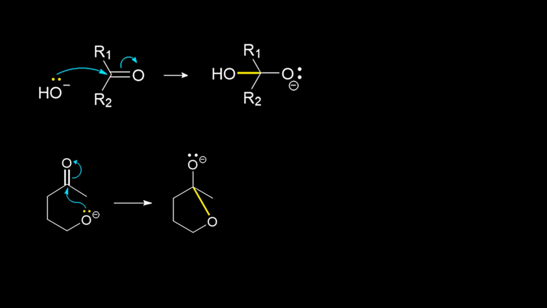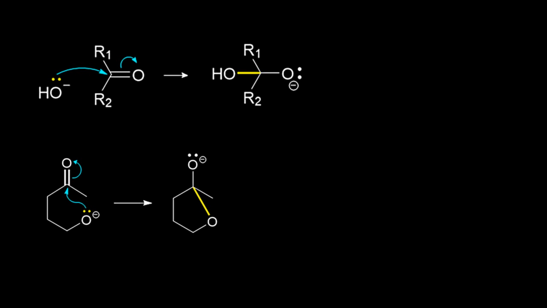But this kind of reaction has something a little different going on. The carbonyl group has a pi bond between carbon and oxygen. So when the nucleophile attacks, that pi bond breaks. And those electrons don't just vanish, they shift up onto the oxygen, forming a negatively charged oxygen anion. This shift in electron density helps stabilize the intermediate and allows the reaction to move forward.